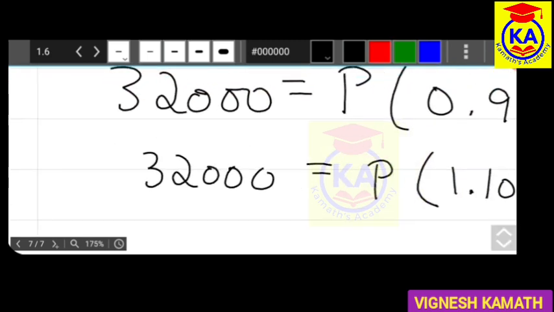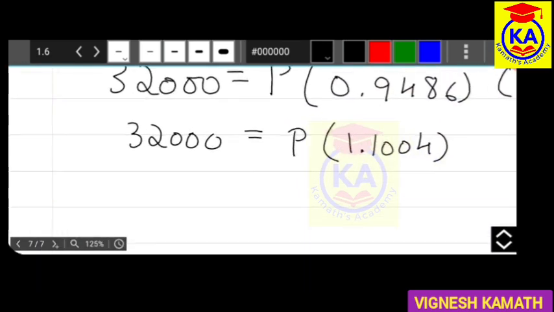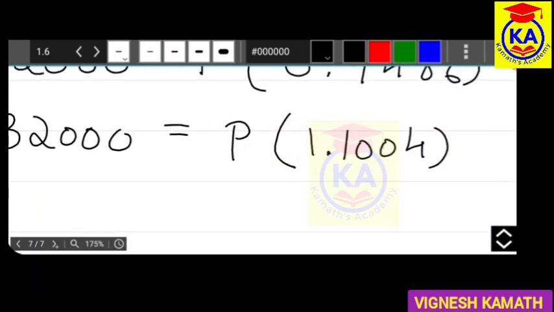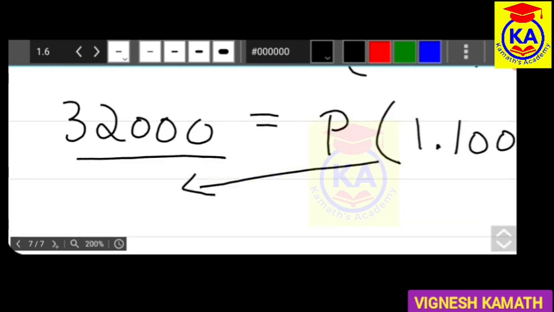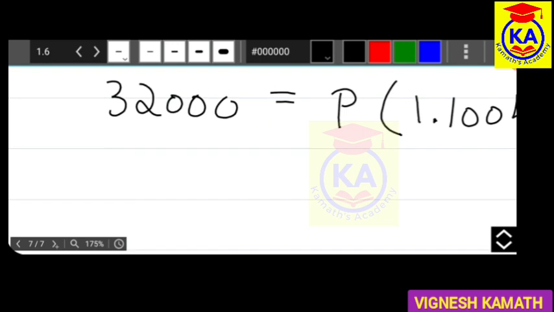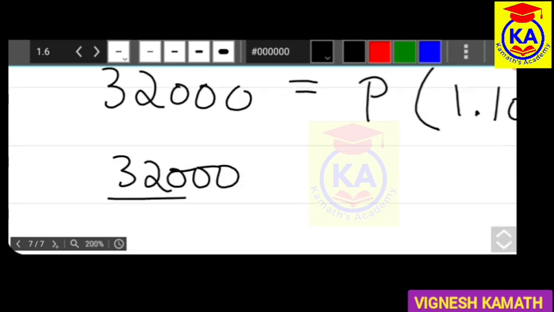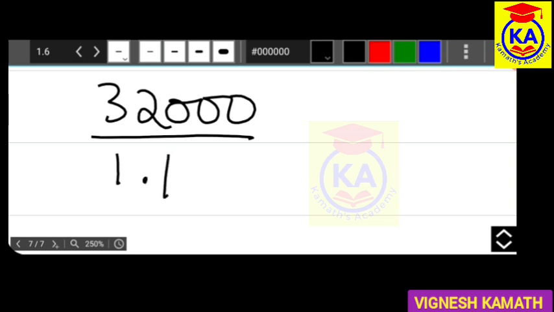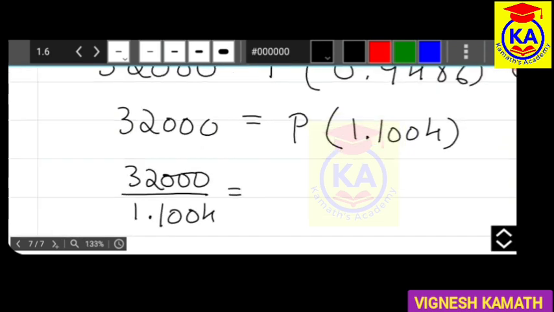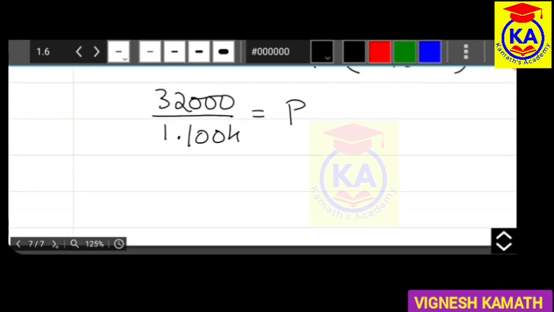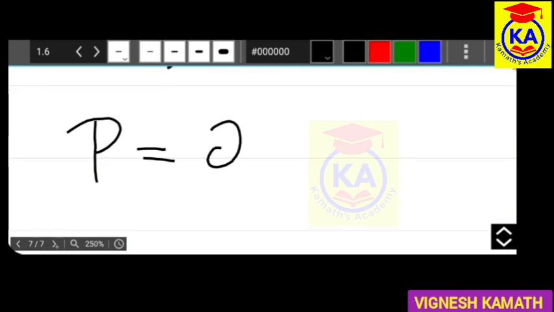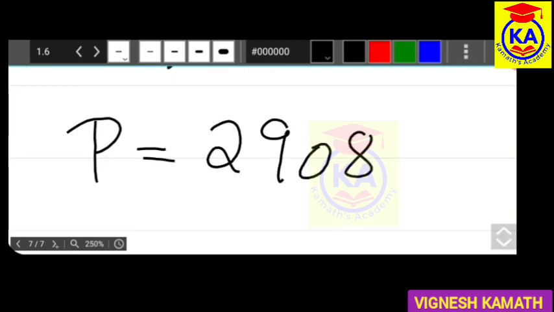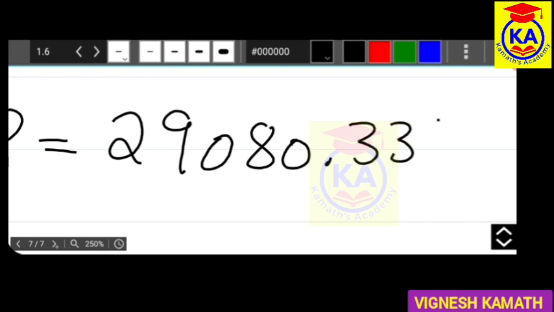Now we have to bring 1.1004 to the LHS. While bringing this across, it will come as a divisor. So in the next step, 32,000 divided by 1.1004 is equal to P. If you solve this, you will get the P value as 29,080.3344.